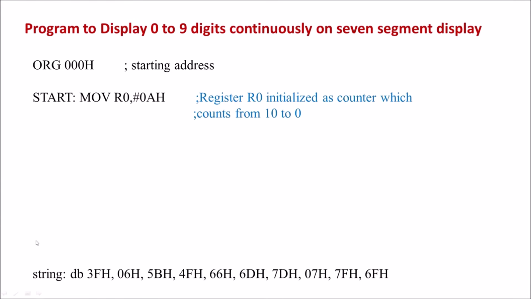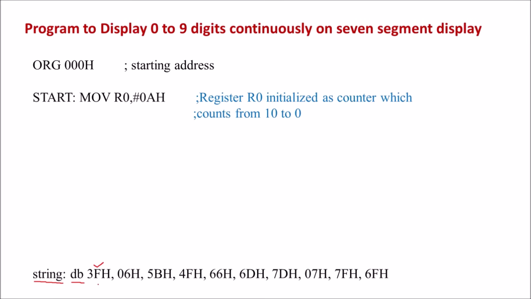Now in this program, we'll use a lookup table method. The lookup table name is given as string. You can use any other name, and all the values in the lookup table we are storing as 8-bit values. For that we have to use the assembler directive db. db indicates an 8-bit value, and here I have stored the 7 segment codes for digits 0 to 9.